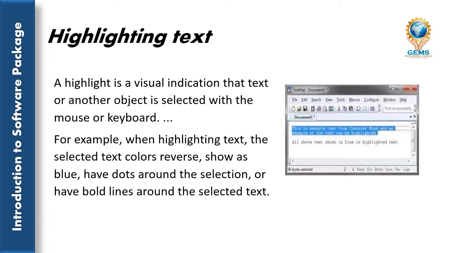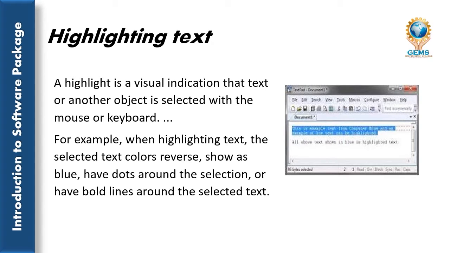In this image it is clearly shown. What you have to do is open a Word document or an existing Word document, and you can select the text with the help of the mouse or keyboard. You can highlight the particular page and select it.